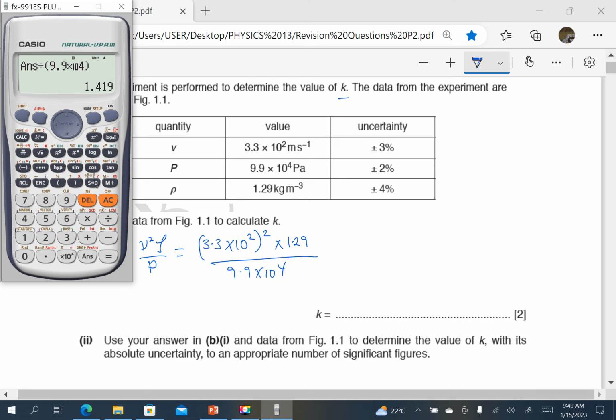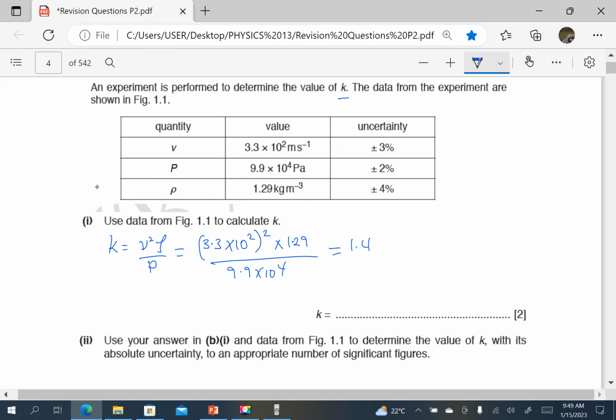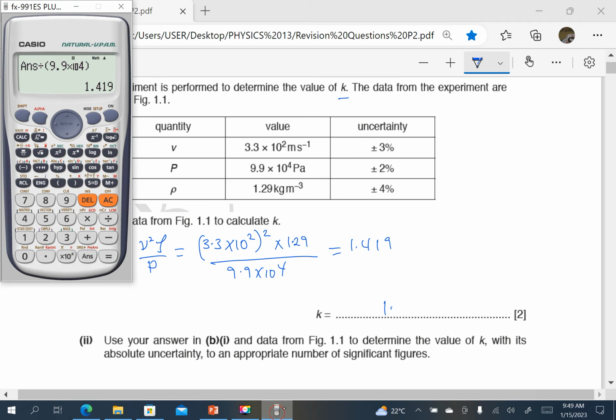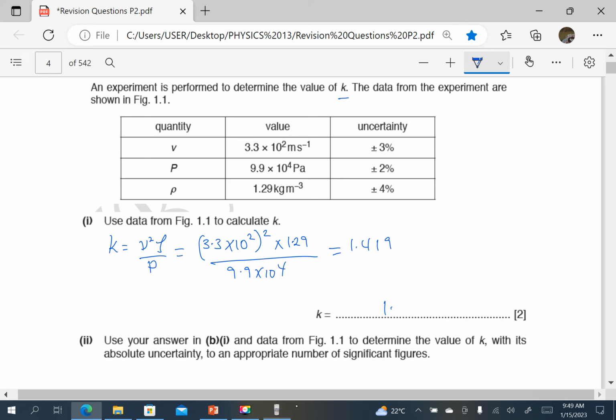So this is giving me a value as 1.419. That is the value I'm getting there, 1.419.